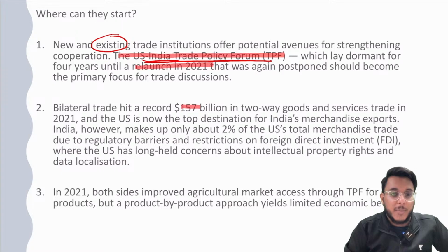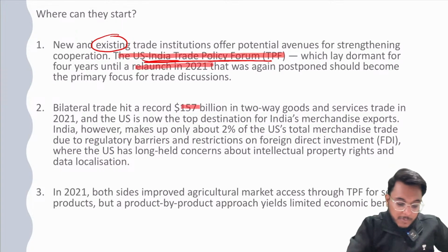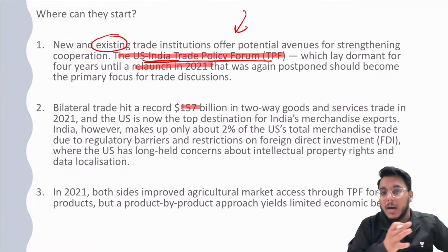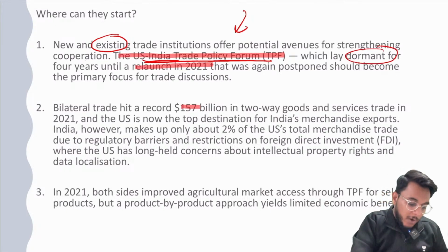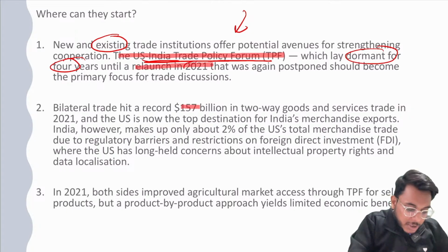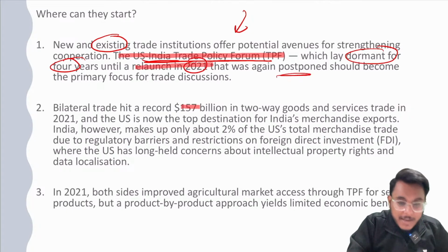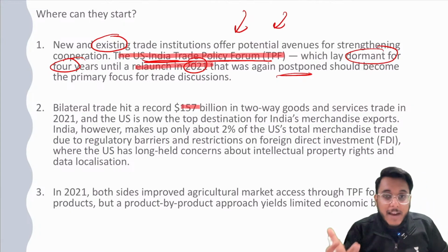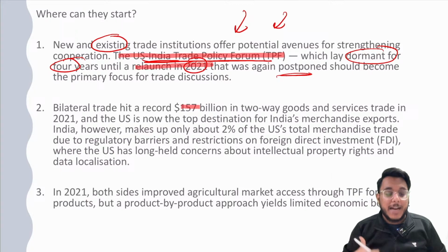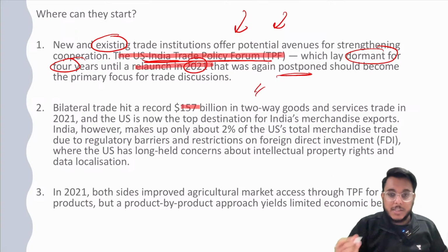This forum was a platform to solve trade-related issues. Now, this forum stayed dormant for 4 years. It got relaunched in 2021, and after that it has again been postponed. So this US-India Trade Policy Forum needs to be revived again, and it needs to be used as an active platform to discuss trade and all such things.